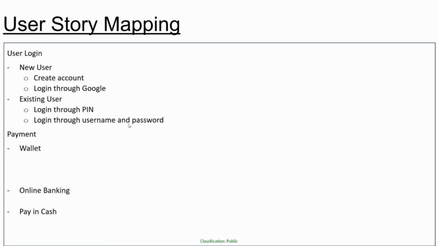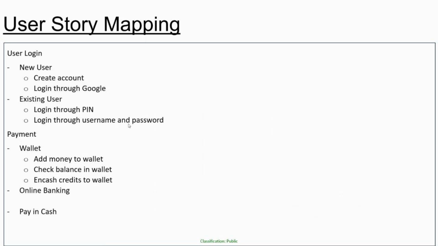Okay, now again, within these features, what can be the user stories? Within wallet, what are the different things that are possible? You can add money to the wallet, you can check balance in wallet, and you can encash the credits. Like, you install the app, you get these many credits. You make a purchase of this much amount, then you get some credits. You can refer some of your friends, you get these many credits.